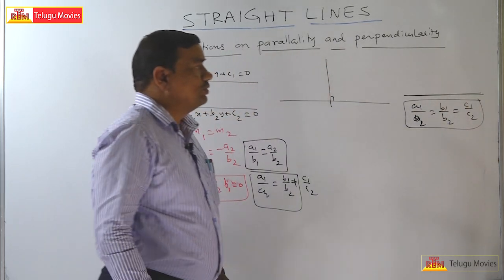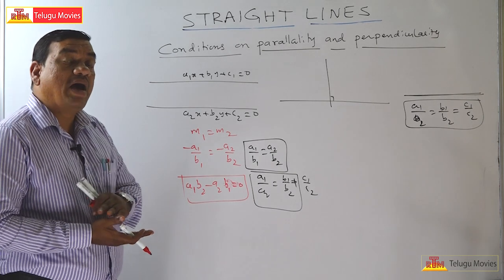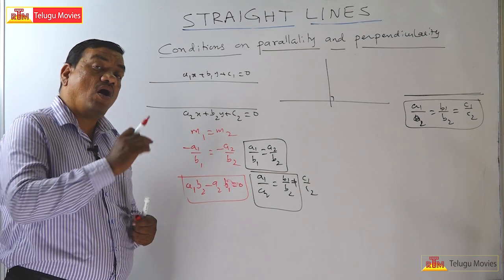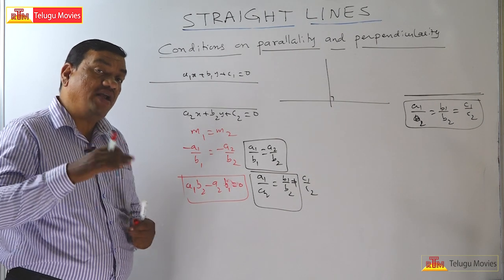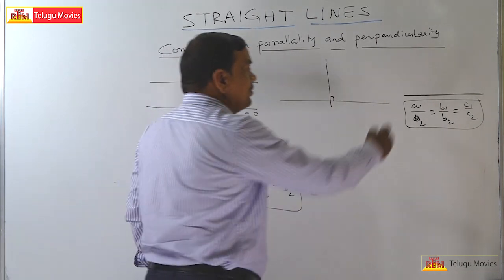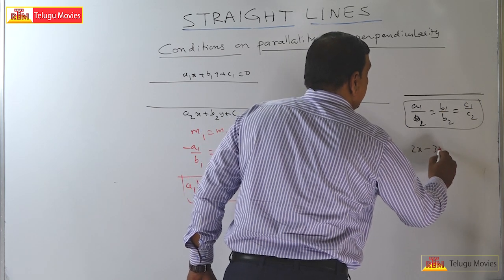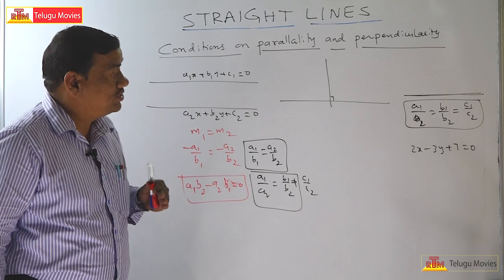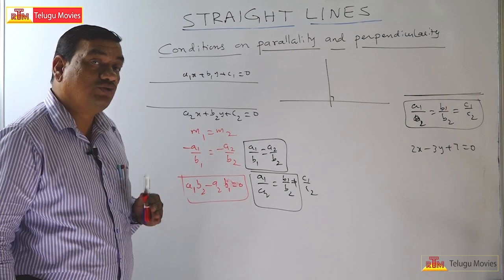That means, if two lines coincide with each other, all their coefficients are multiples of some number. For example, one equation is 2x minus 3y plus 7 is equal to 0.